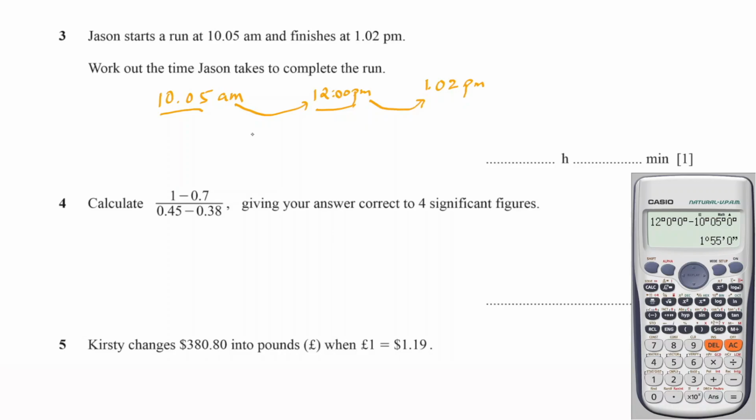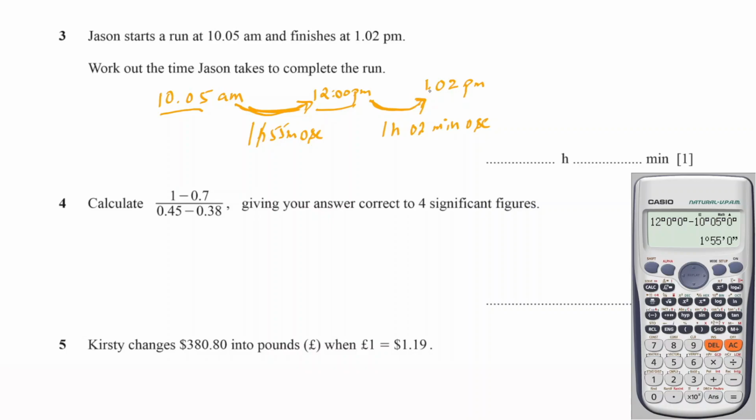So we can write this as 1 hour 55 minutes and 0 seconds. The time between these two is 1 hour 55 minutes and 0 seconds, and after 12 the time we can easily calculate, that is 1 hour and 02 minutes and 0 second.